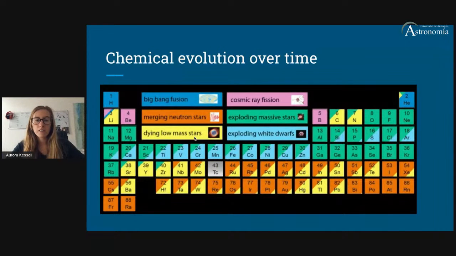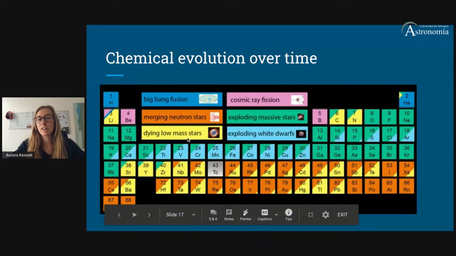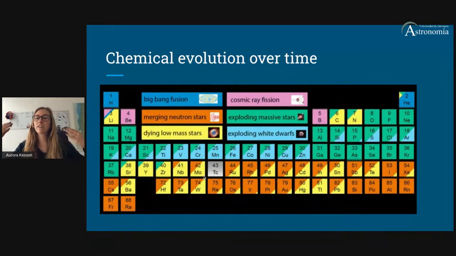In order for low mass stars to die, or for white dwarfs to explode, because white dwarfs are made of low mass stars, you need a lot more time to go on. And so these two things kind of happen second. So we get all the elements in green happening first, and then everything that's in yellow and blue gets enriched later.